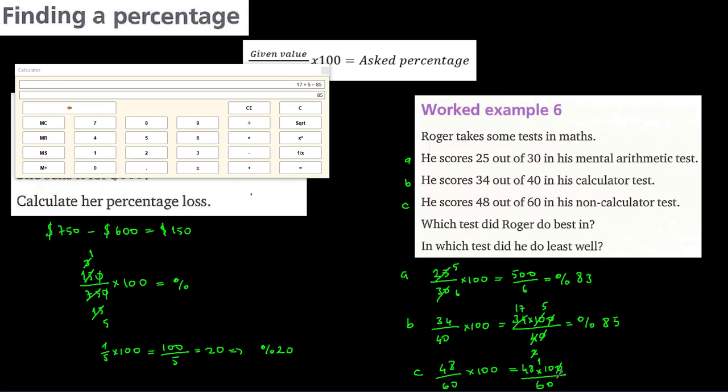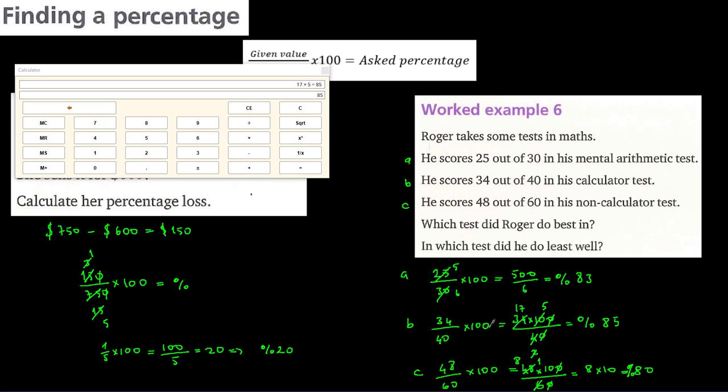Here you may simplify the zeros, and 48 and 6 you can simplify. 48 divided by 6 is equal to 8. So the answer is 8 times 10 divided by 1, which is equal to 80. So the result is 80%.